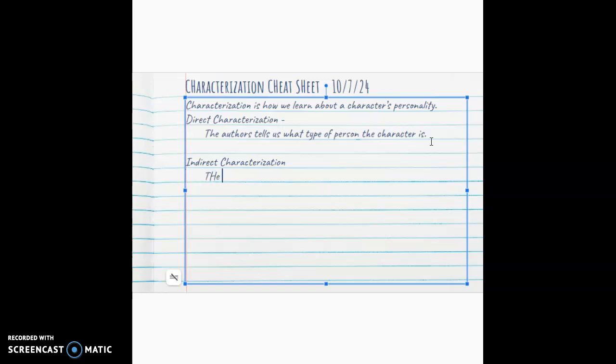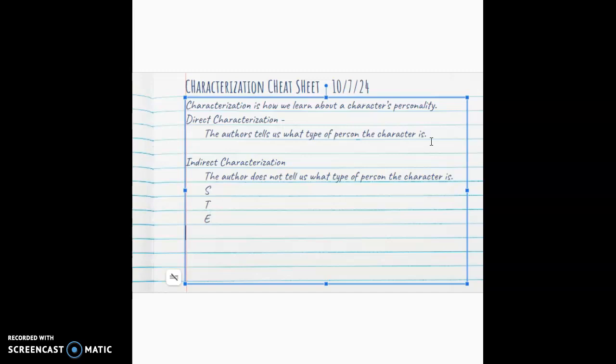So the author does not tell us what type of person the character is. When the author doesn't tell us what type of character, then we have to use STEAL, okay?